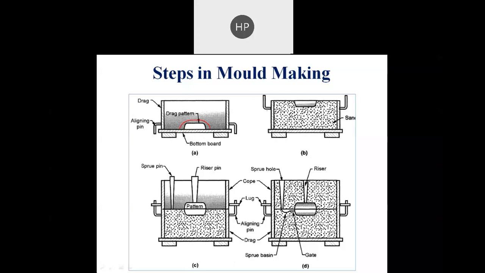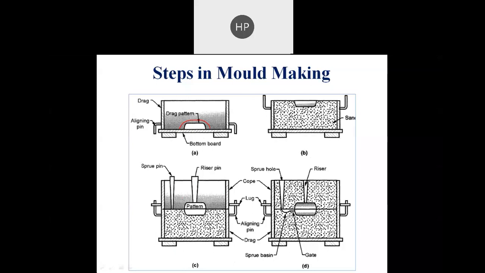Then we turn it around so that the aligning key comes up, and in that aligning key we fix the cope, as well as the second half of the pattern. We put the sprue and riser pin, and again we fill the sand, and then we disassemble it.